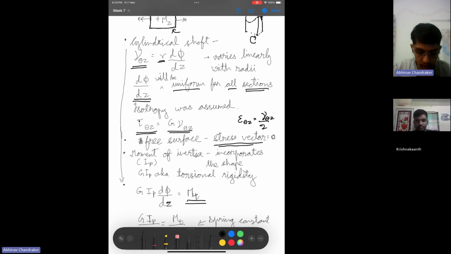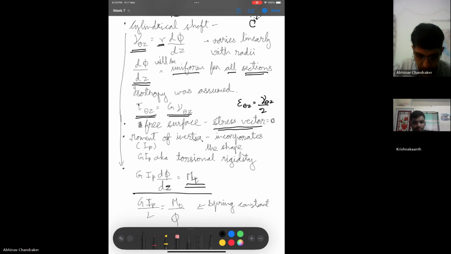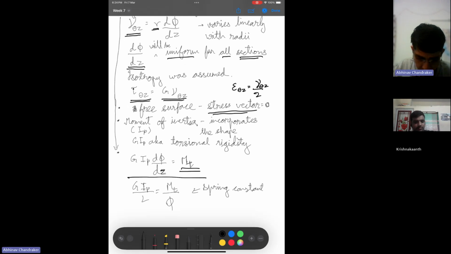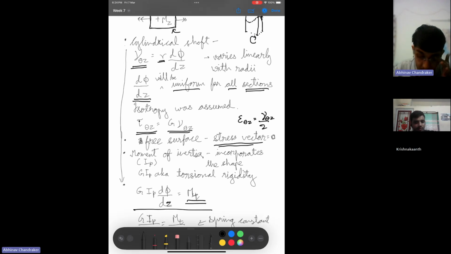And when you do that, you will find that the relation will be something like this. You will have to use the polar moment of inertia, which incorporates the shape of the shaft, and you will have G into Ip into d phi by dz equal to M, the moment. And here G into Ip can also be considered as the torsional rigidity, because it gives you a small sense of how rigid your shaft is.